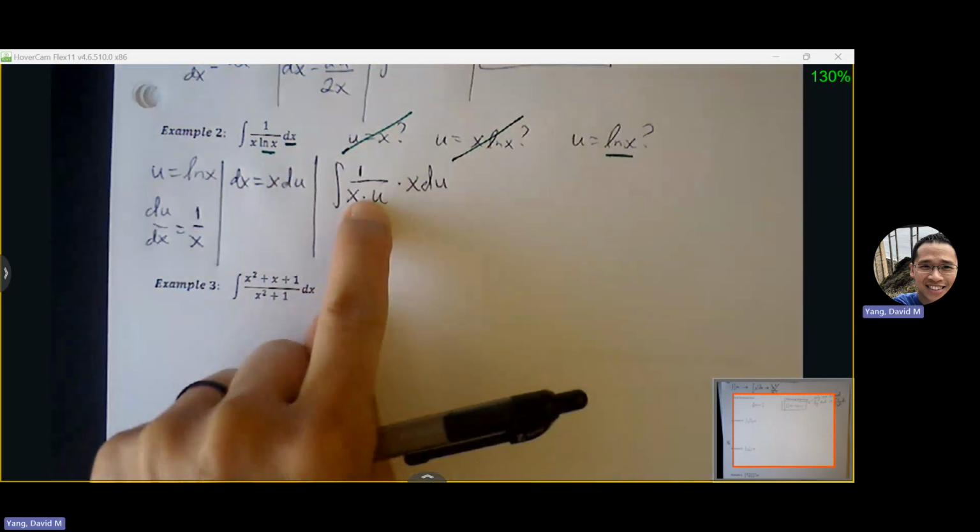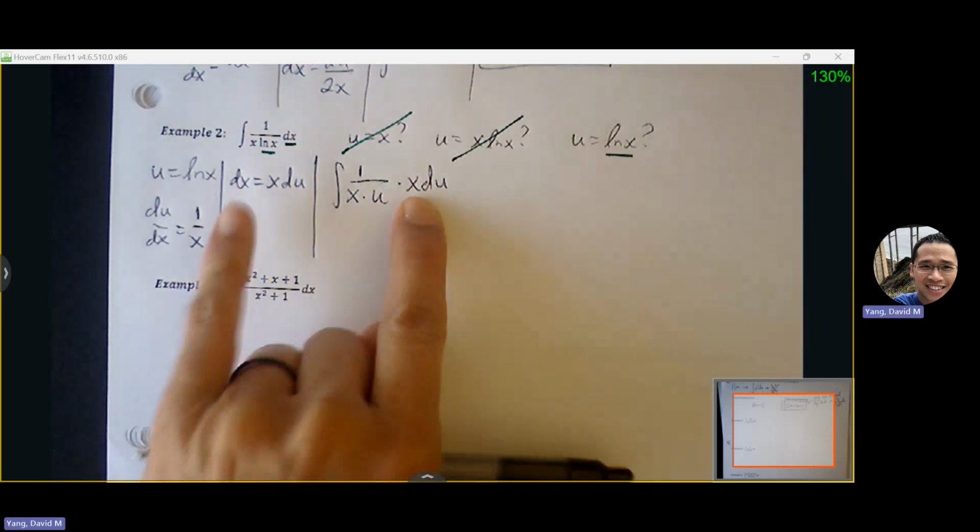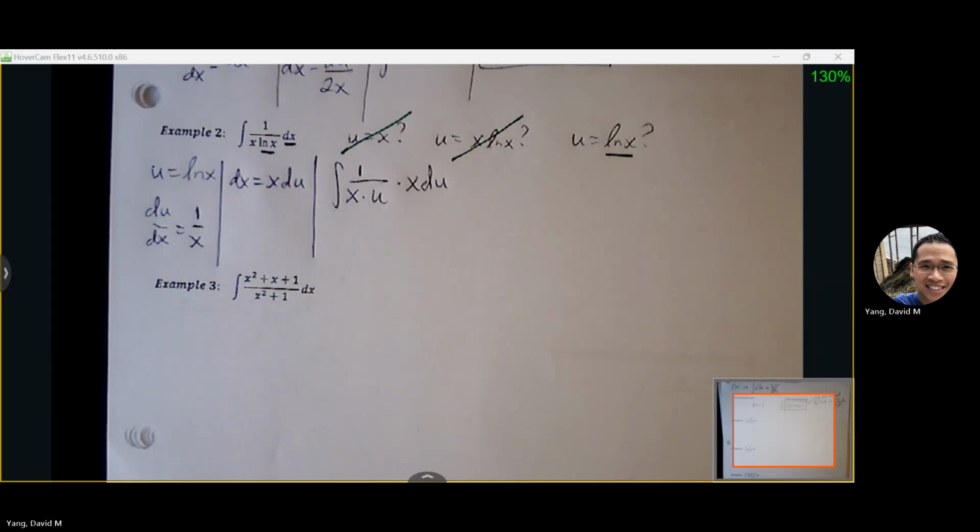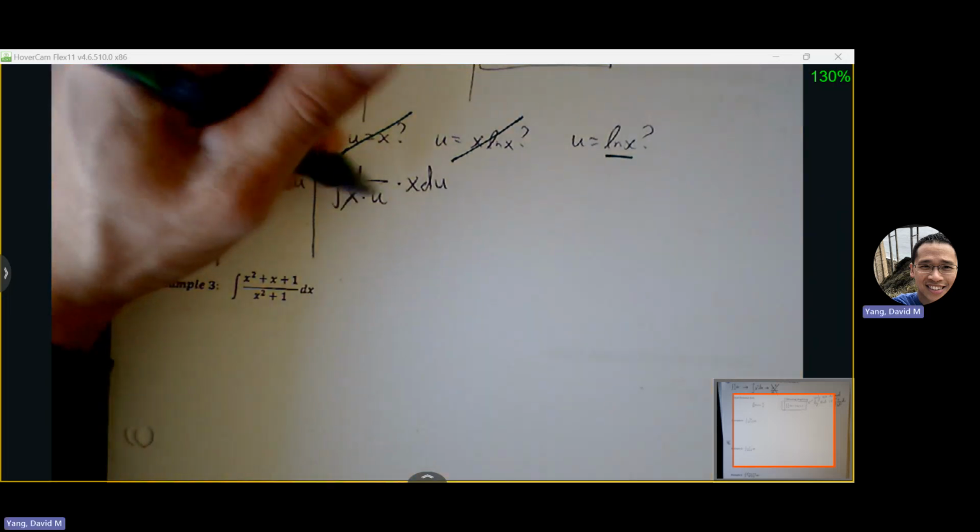Natural log gets replaced with u, dx is replaced with x du. The x's cancel out.